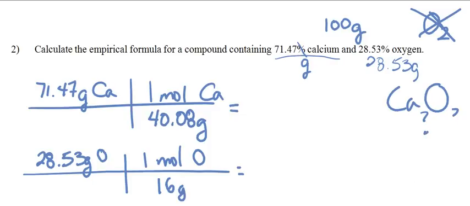Once we have our mass amounts and our molar masses, let's do some calculating. So 71.47 divided by 40.08, and I'm doing this on my calculator because it's quicker, gives me a mole amount of 1.783. We don't want to round too much here, so I'm going to go out 4 decimal places just to be safe.